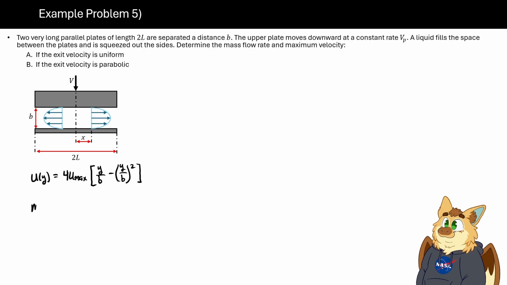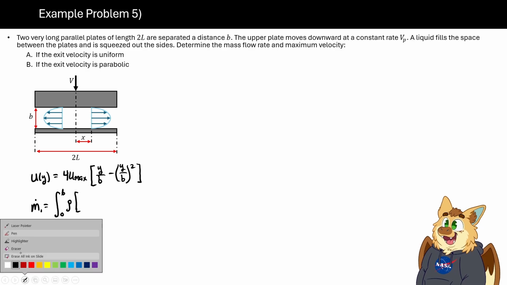So mass flow rate of surface 1 is going to be equal to our integral from 0 to B of rho, and our velocity would be U of Y. So I'm going to plug that in. Actually, hold on, let me just do a parentheses here.